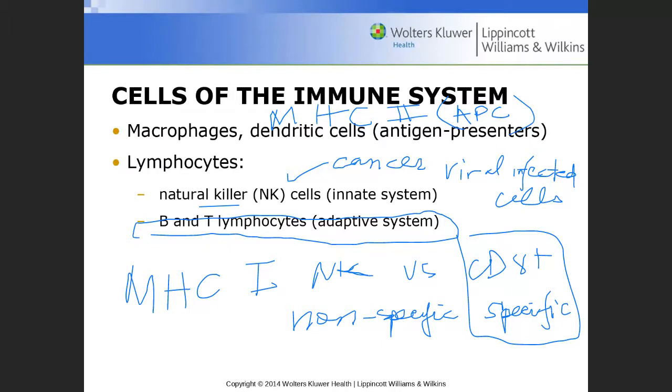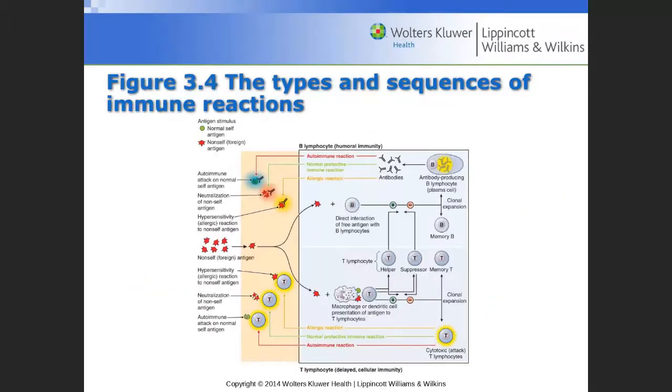The other thing, if you want to go back here, is that the B cell can recognize the antigen directly. You see here? Whereas the cytotoxic T cell, for example, and helper T cell to some extent, cannot recognize the antigen directly, right?